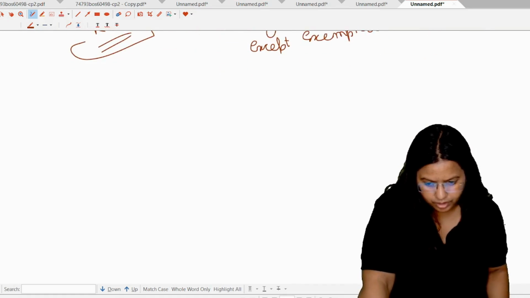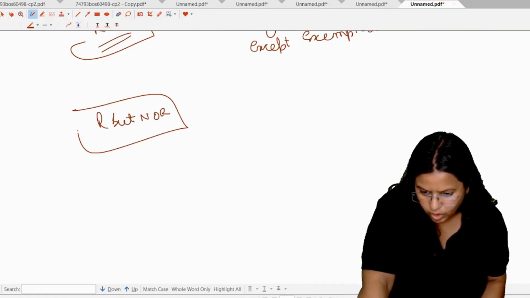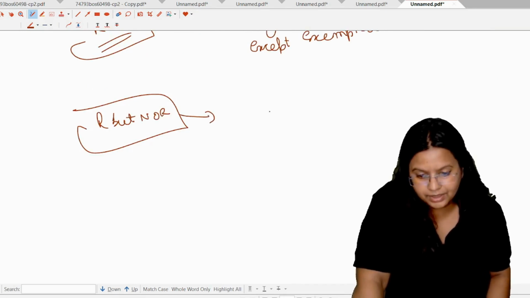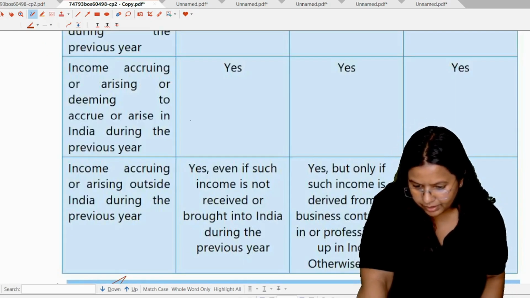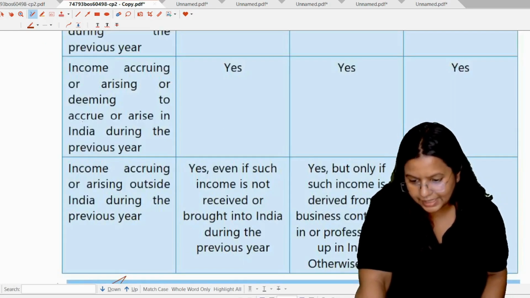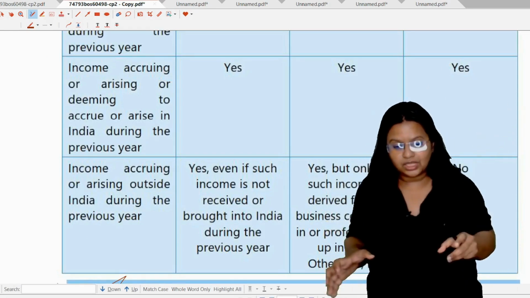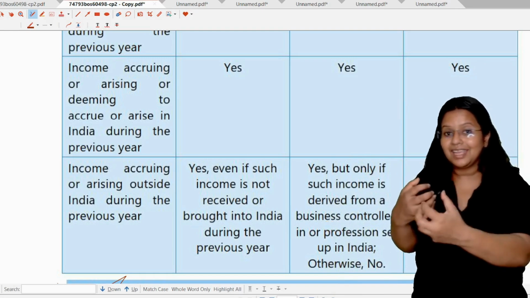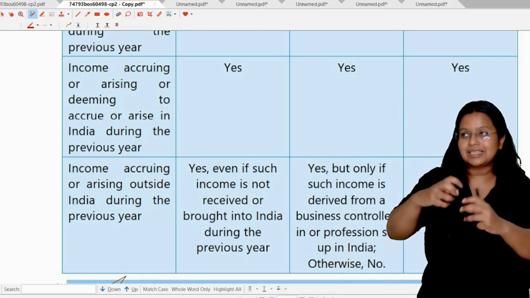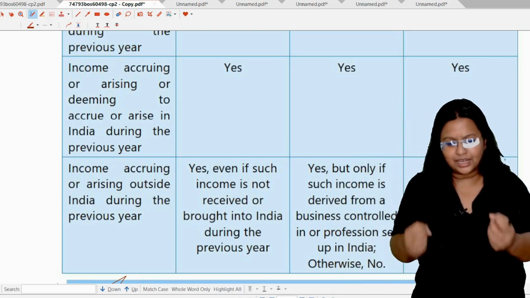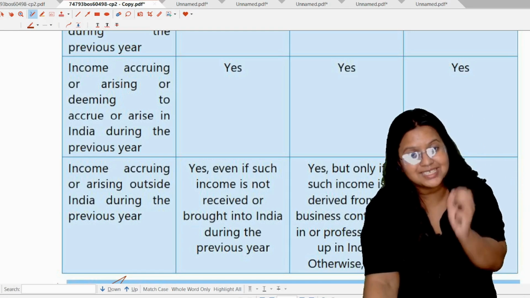But for a person who is R but NOR, one additional income will also be taxable. That is the income accruing or arising outside India during the previous year, but derived from a business controlled or a profession set up in India.